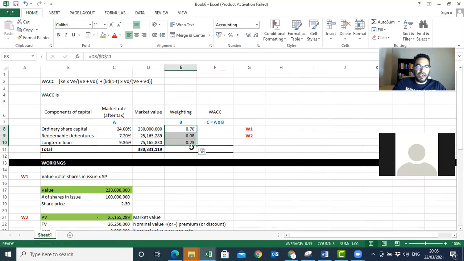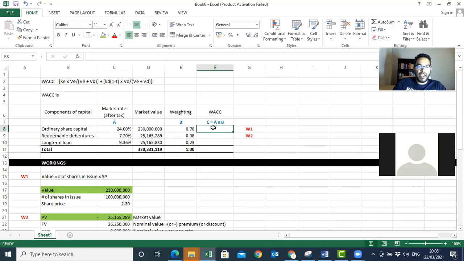I can just drag it down. I just need to make sure that it adds up to 1. For the redeemable debentures, the value of debentures is divided by total capital structure. Similarly, it is the long-term loan divided by the total capital structure.